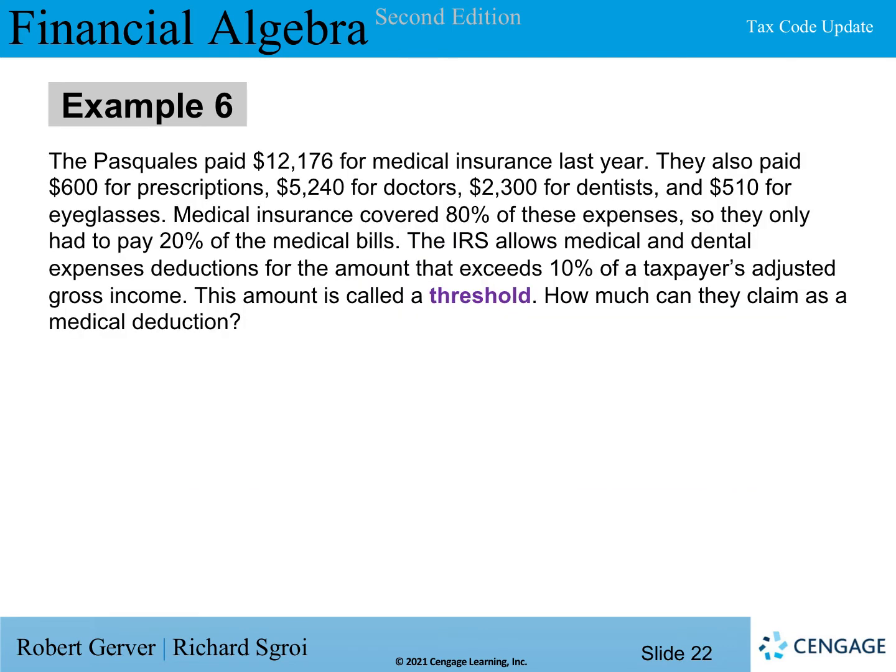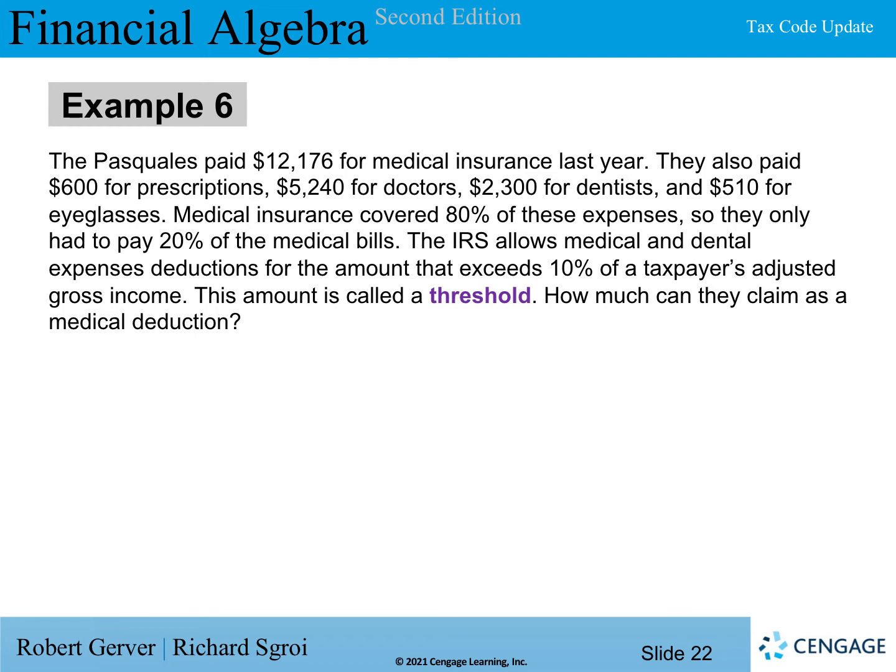All right, continuing on, the Pasquales paid $12,176 for medical insurance. They also paid $600 for prescriptions, $5,240 for doctors, $2,300 for dentists, and $510 for eyeglasses. Medical insurance covered 80% of these expenses, so they only had to pay 20% of the medical bills.